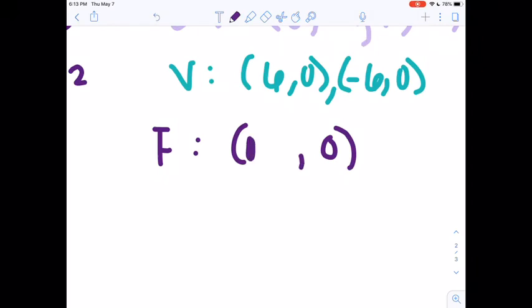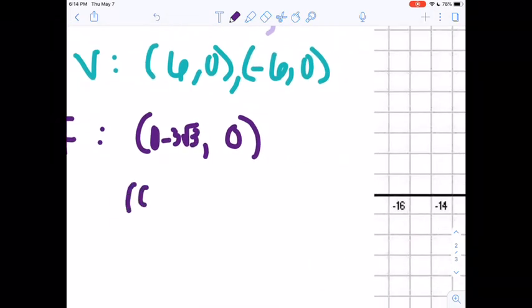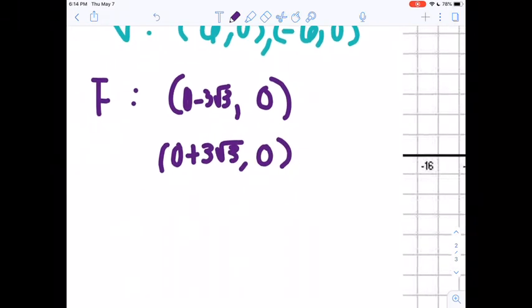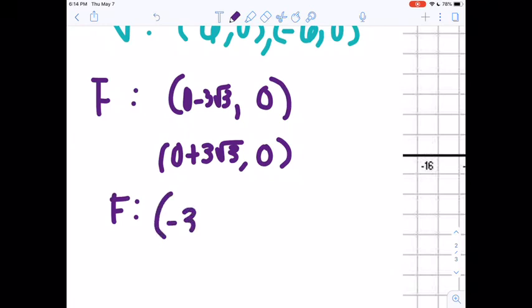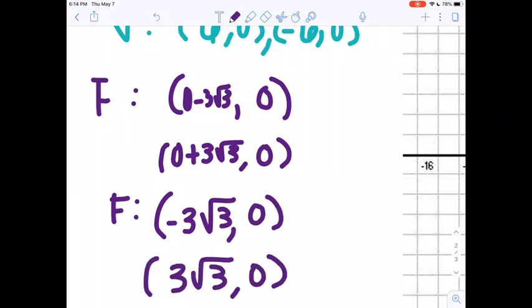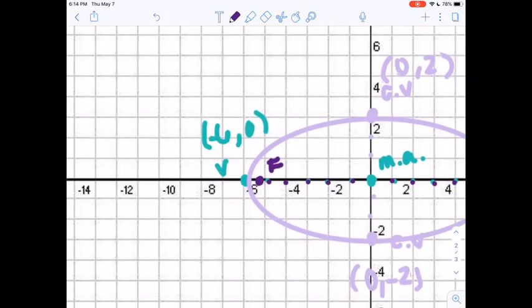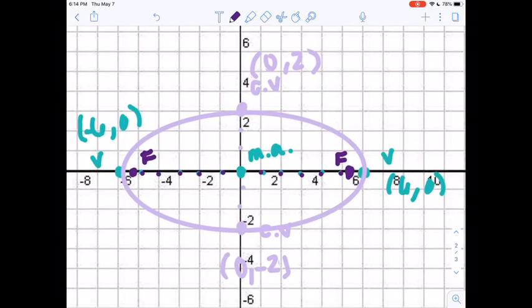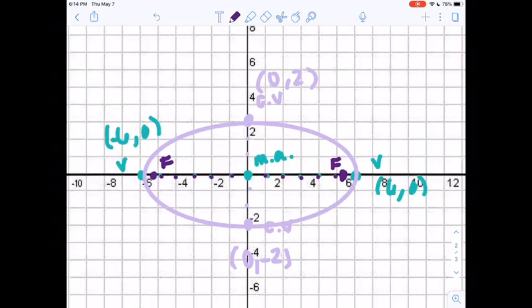So I'm taking 3 root 3 away from 0, and I'm adding 3 root 3 to 0. So that's going to give me my 2 foci, but we could rewrite that as negative 3 root 3, 0, and 3 root 3, 0. Or you could just recognize that this point is 3 root 3 on the x-axis, and the other is negative 3 root 3 on the x-axis.